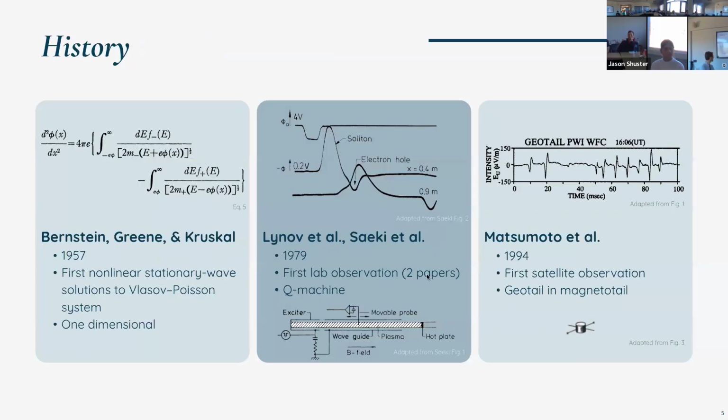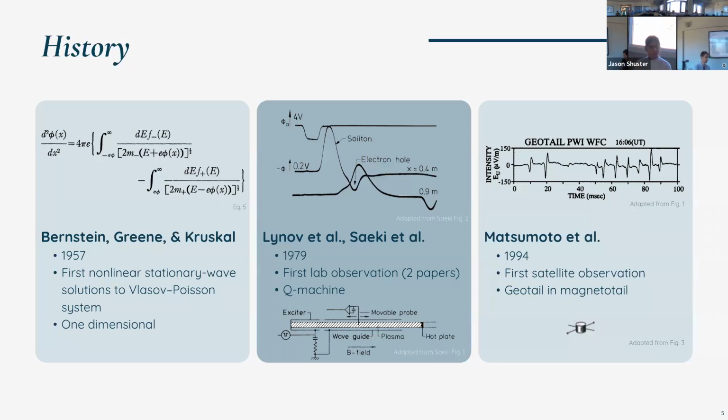All right, so the history of these things. In 1957, the authors Bernstein, Greene, and Kruskal first solved the Vlasov-Poisson system for nonlinear stationary waves. There had been solutions before using the linearized theory, and I think that resulted in Case-Van Kampen modes, but these are nonlinear, and they did it in 1D, so no magnetic field or anything like that.